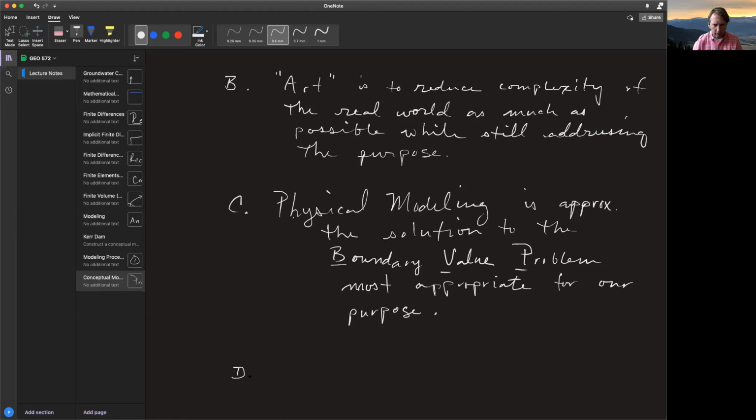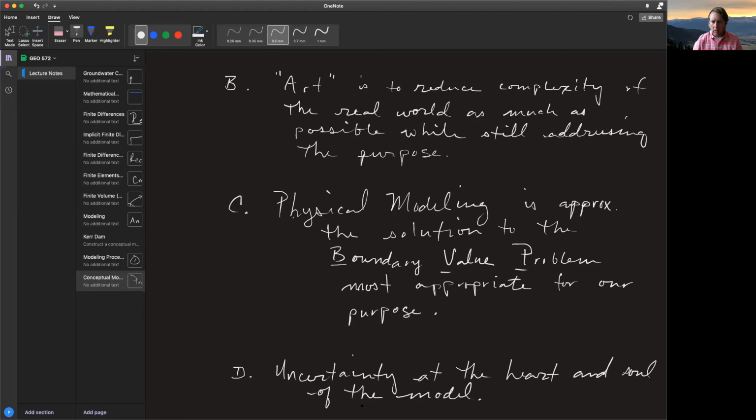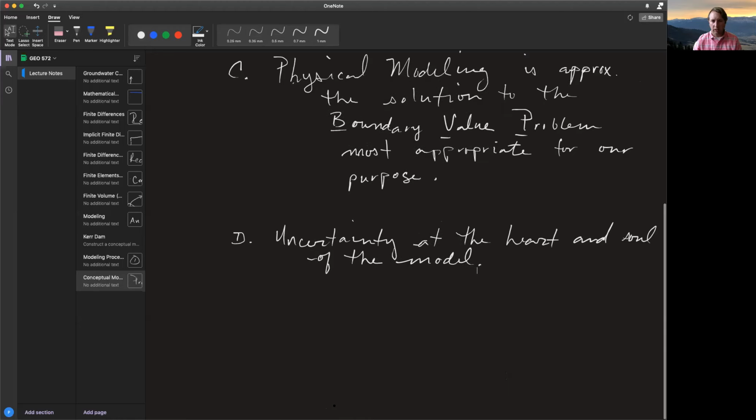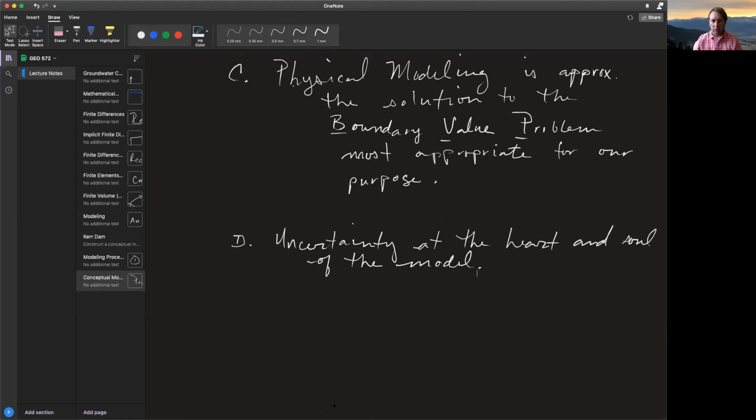And finally, the final principle is uncertainty at the heart and soul. A model that doesn't exactly replicate physical processes should be expected. It's guaranteed. Right?